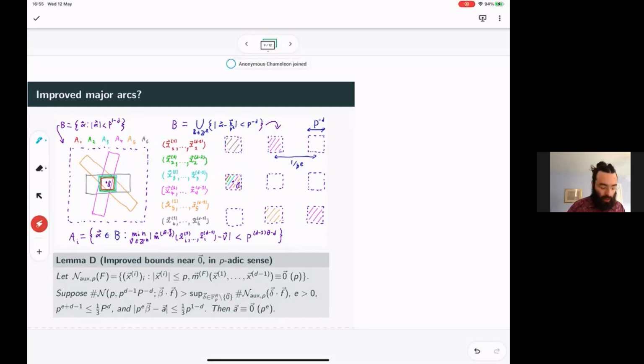So this is the p-adic analog of repulsion. That if the exponential sum is large, and you're in this p-adic neighborhood of the origin, then actually you have to be in this very tiny box around the origin, and you can't be in any of these other parts of the p-adic neighborhood.